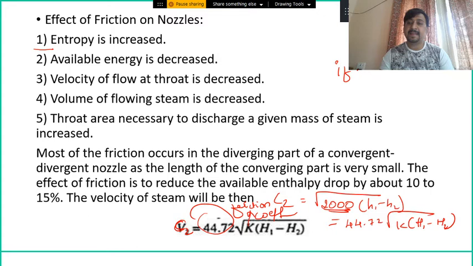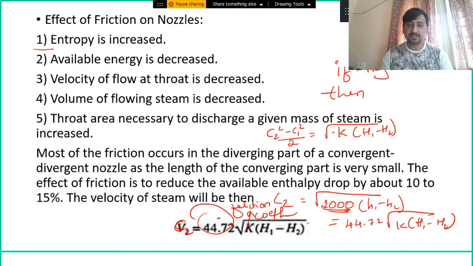Otherwise, considering C2 square minus C1 square by 2 equal to K (H1 minus H2), we get C2 square minus C1 square equal to 2K (H1 minus H2).